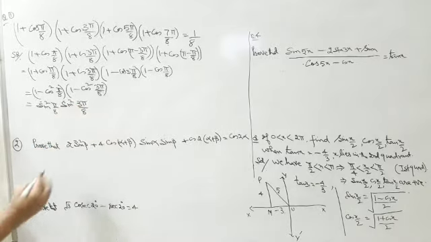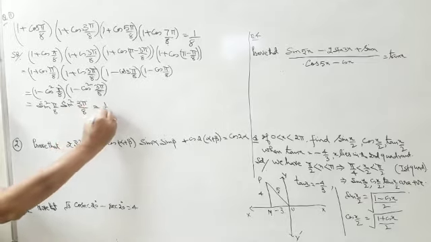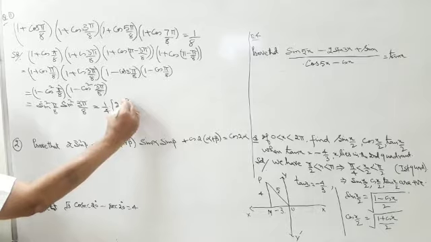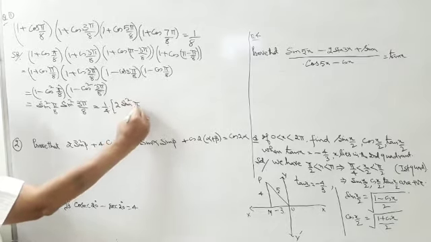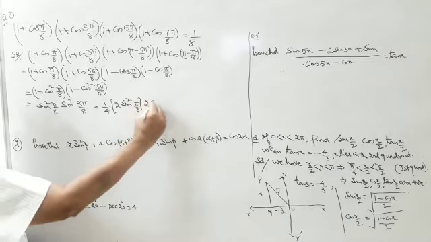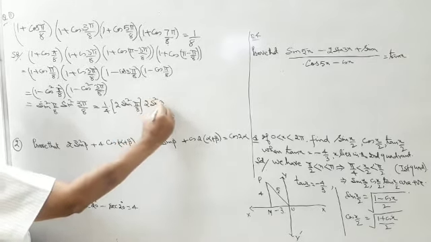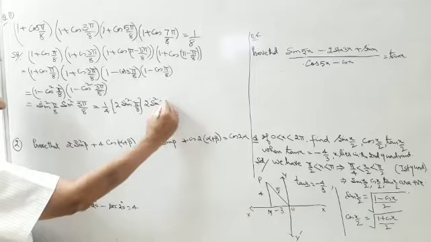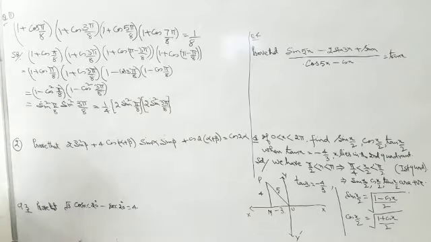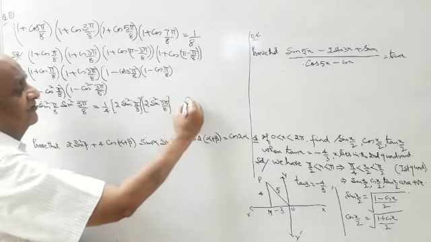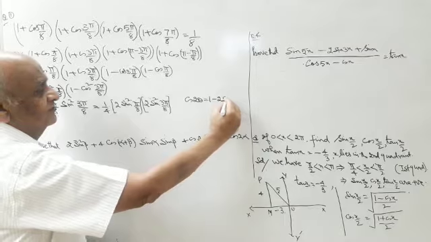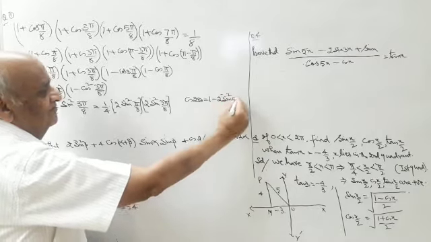Check out. This is equal to 1 by 4 into 2 sine square pi by 8 into 2 sine square 3 pi by 8, because I want to apply here the formula that cos 2 theta is 1 minus 2 sine square theta.